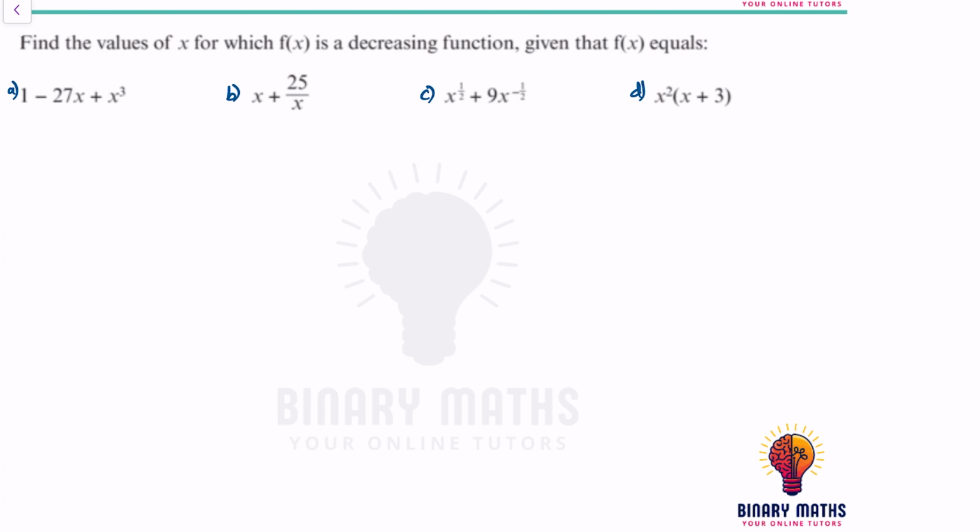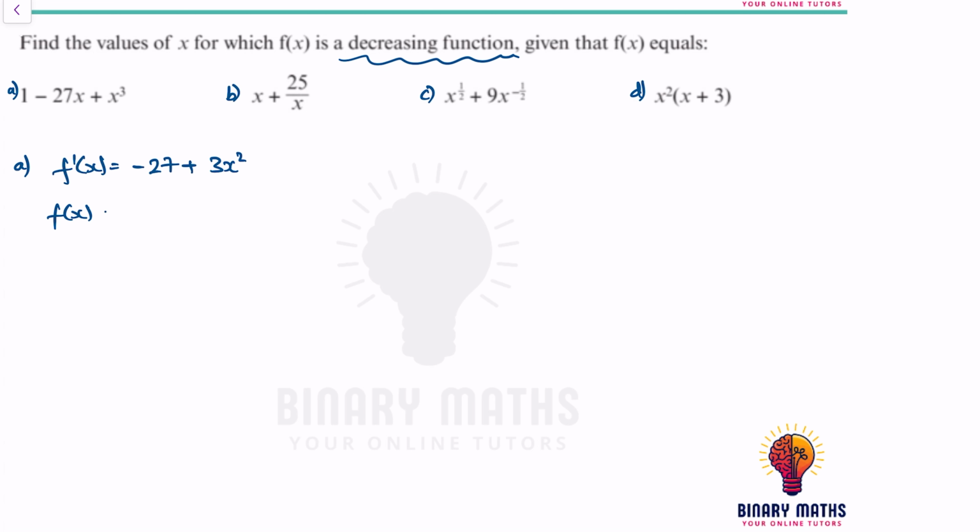Okay, for these ones, find the values of x for which f of x is a decreasing function now. So it's decreasing now. Okay, let's go through each one individually. So f dash of x will be equal to minus 27 plus 3x squared.